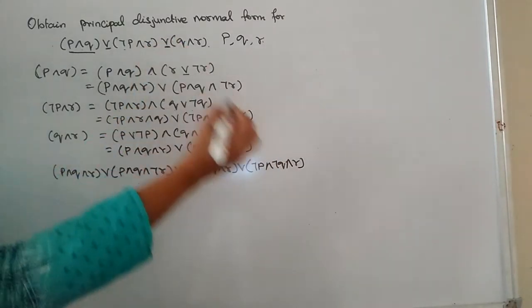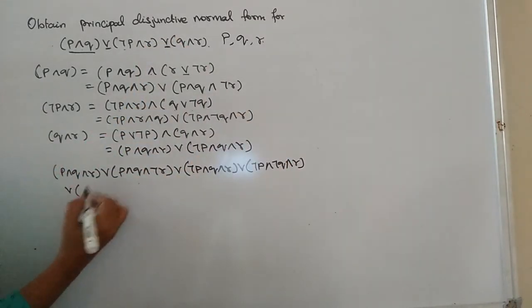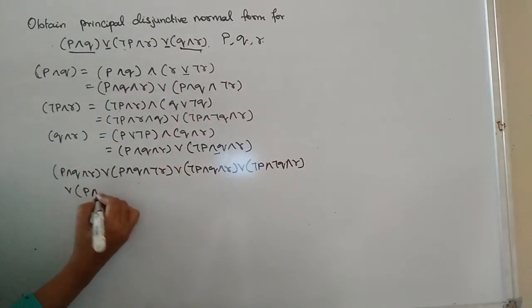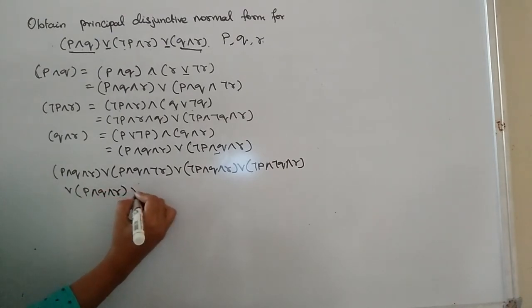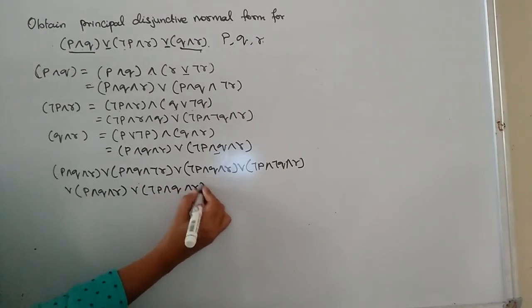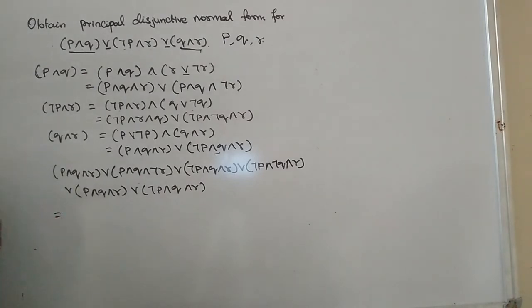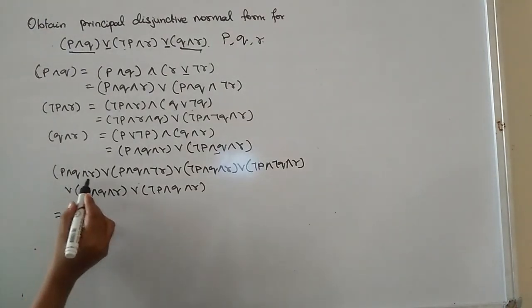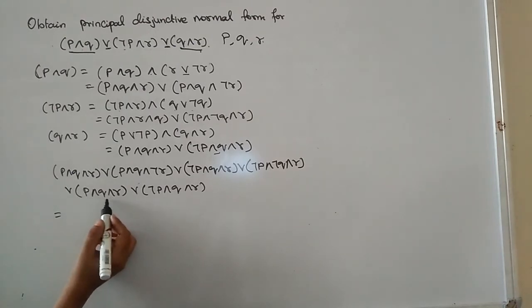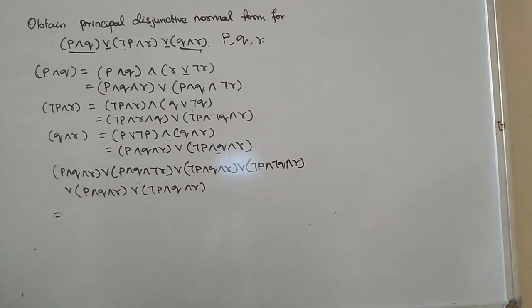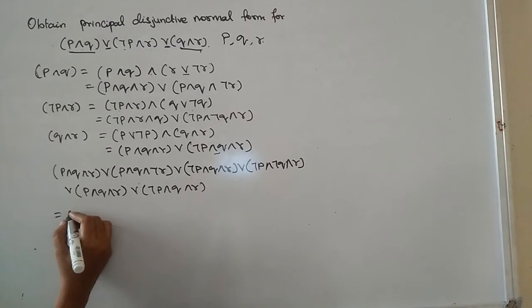And then we have the or operator. Instead of Q and R we substitute this one, so we write P and Q and R, next negate P and Q and R. Now we can remove the duplicated terms. Here we have P and Q and R, and here also we have P and Q and R, so instead of writing this term twice, we write it just once.